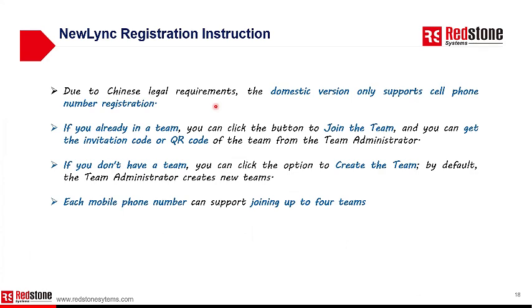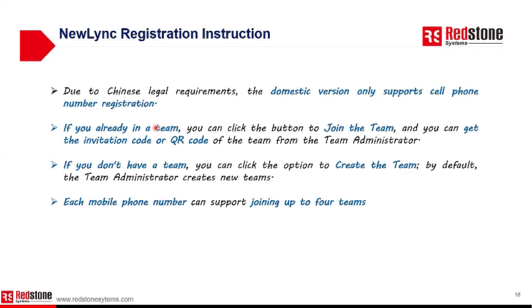So this is the registration instruction. For the domestic market, we only support cell phone number registration, but for the global market, we support both cell phone number and email. Here, if you're already in a team, you just simply click to join the team, and you can get the invitation code or QR code from the team administrator.